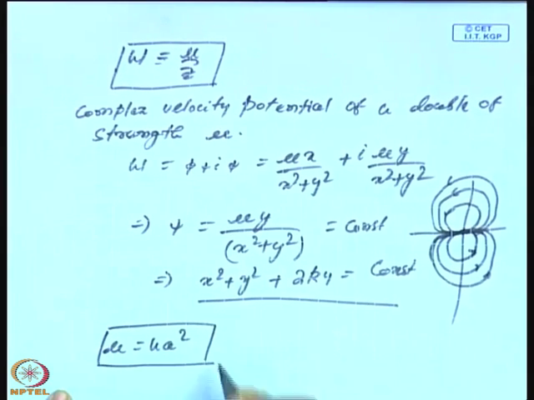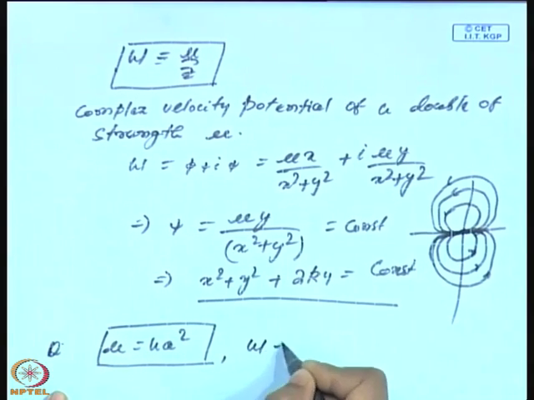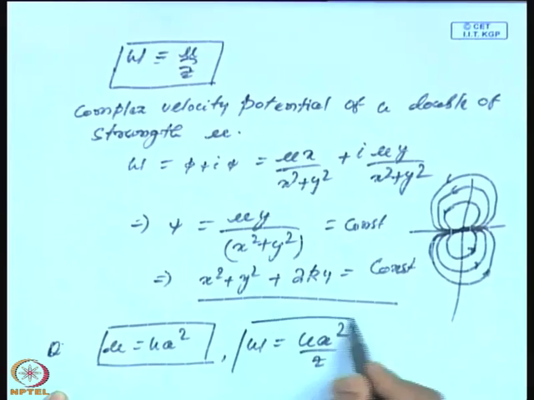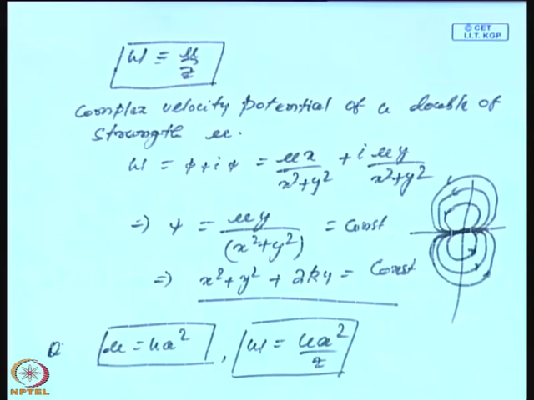we have seen a similar example, that means when mu is equal to u a square, then w is equal to u a square by z. We have seen this example, like if a fluid is at rest and there is a cylinder of radius a moving at a constant speed u naught, then this is the velocity potential.